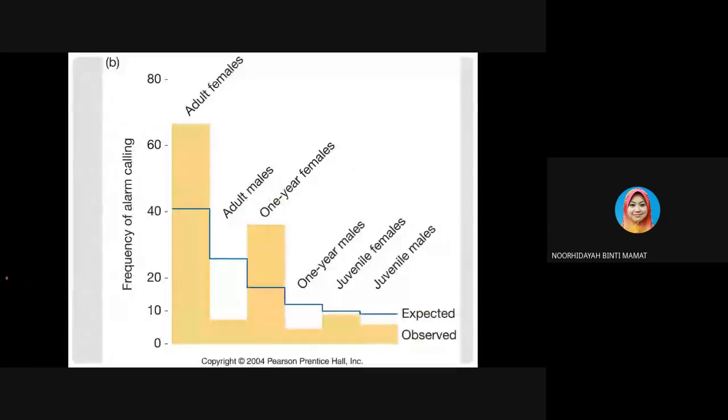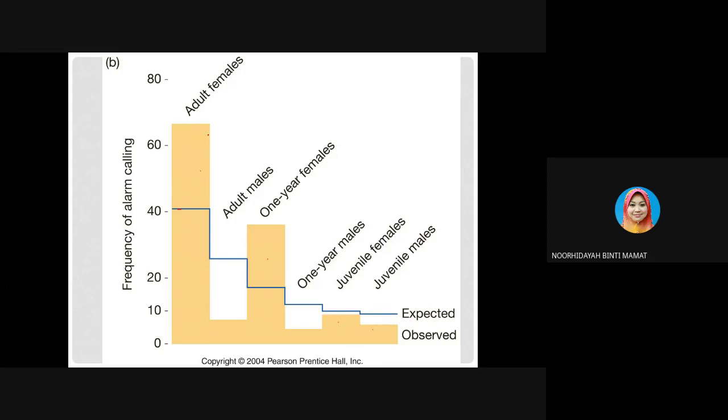As you can see from this bar chart, this is the frequency of alarm calls. The blue bar is the expected result from Sherman and colleagues, the expected degree of adult females that give the alarm call and adult males that give the alarm call, and the brown bar is the observed result.